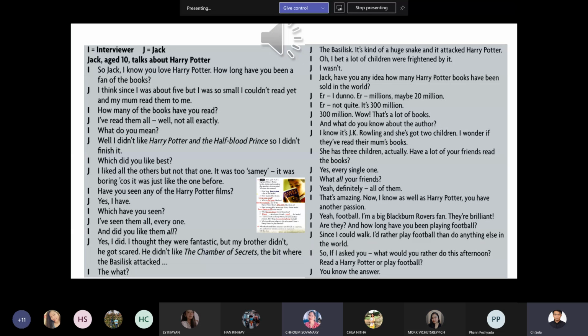Well, I don't like Harry Potter and the Half-Blood Prince, so I didn't finish it. Which did you like best? I like all the others, but not that one. It was boring because it was just like the one before.